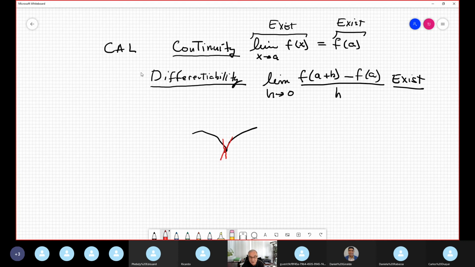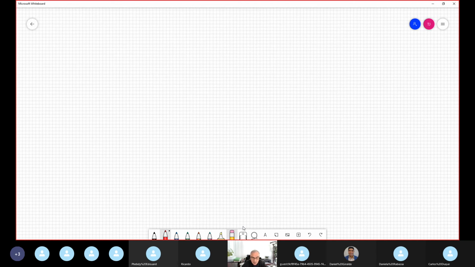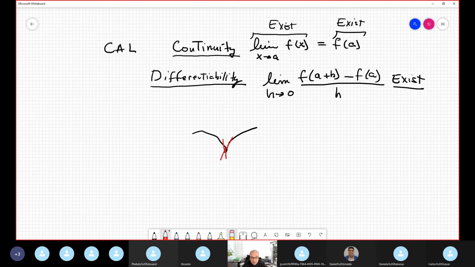Okay, this is differentiability. This is Cal 1. This is clear. So, in elementary words, without mathematics, how do you define it?